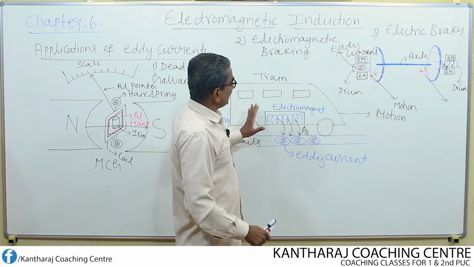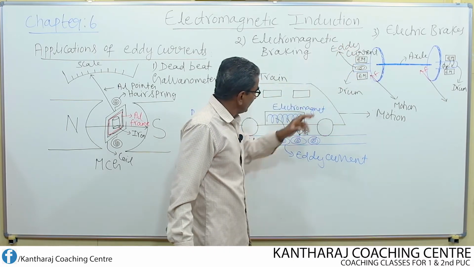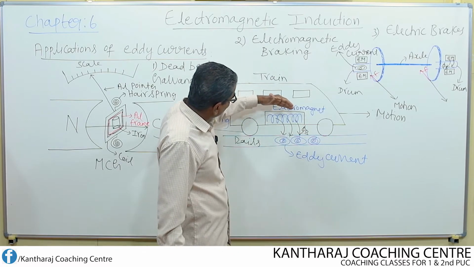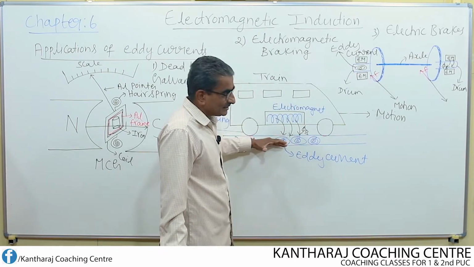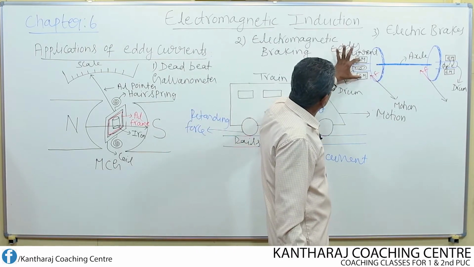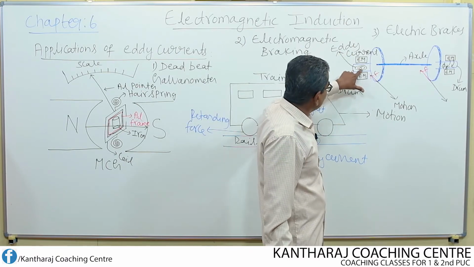So the similarity here is, here also electromagnets are used, here also electromagnets are used. Here also there is a relative motion between the electromagnet and the rail. Here also there is a relative motion between the electromagnet and the drum. So eddy currents are induced.